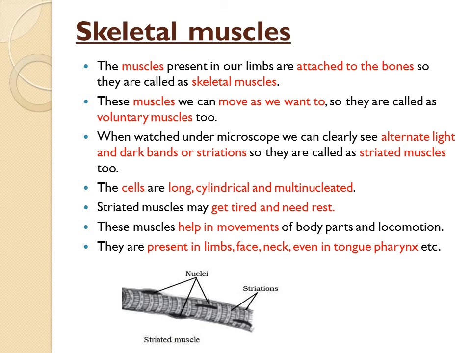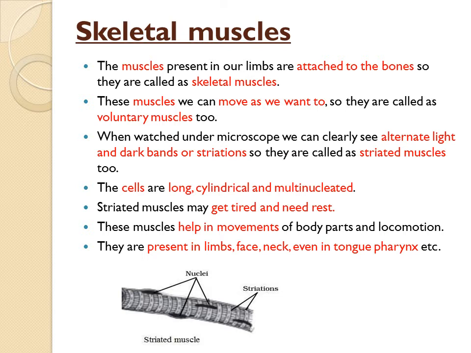The cells are multinucleated as a result of fusion of many myoblasts that fuse to form such a long muscle fiber or muscle cell. Myoblasts are basic or fundamental cells that modify structurally, meaning they fuse together to form long muscle cells. When you observe these cells under a microscope, you see alternate light and dark bands or stripes.